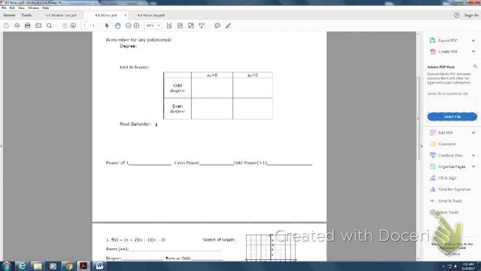It says root behavior: the power of the factors determines how the graph moves at the root. And that's that cross, bounce, twist I was talking about.